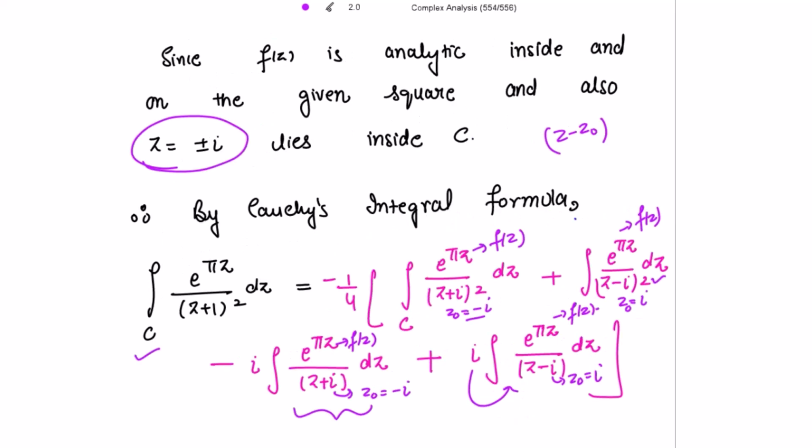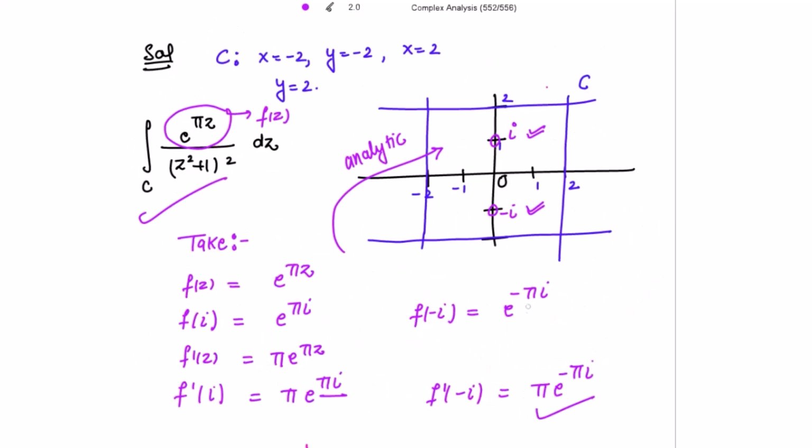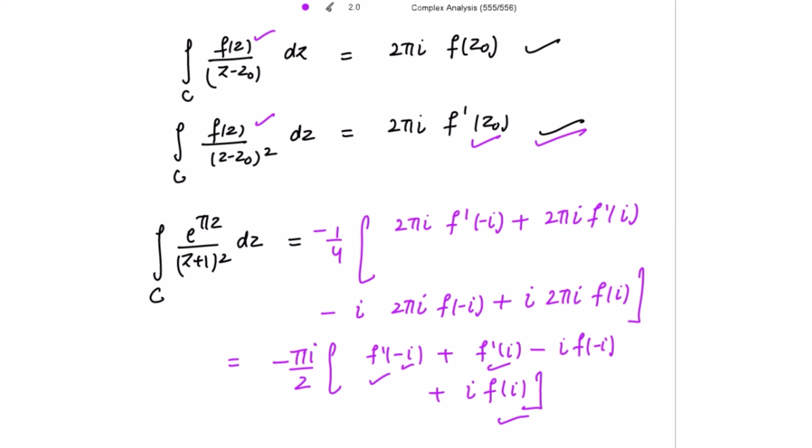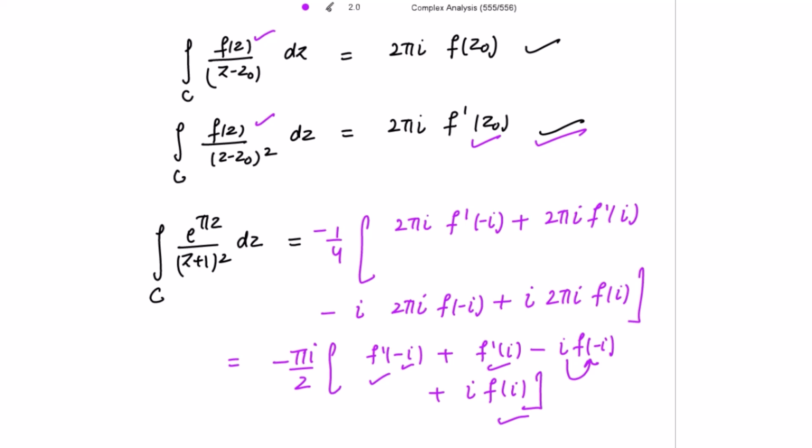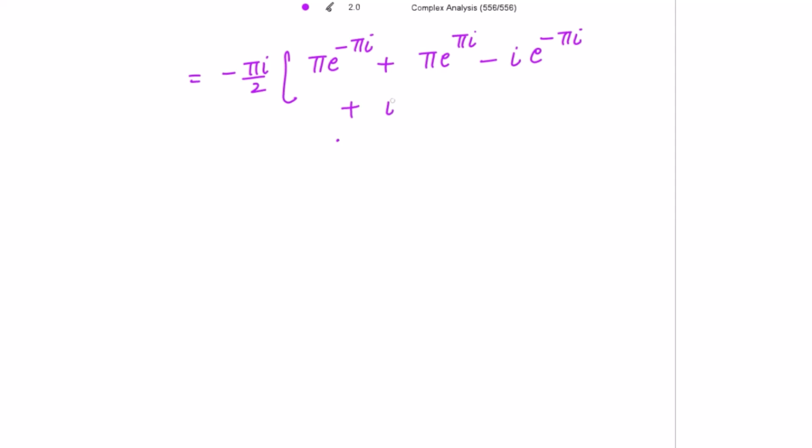What is f of minus iota? It is e to the power minus pi iota, and for positive value it is e to the power pi iota. So iota multiplied with f at minus iota. So this is minus iota, and the value is e to the power minus pi iota. Then plus iota multiplied with f(iota), plus iota multiplied with e to the power pi iota, right?